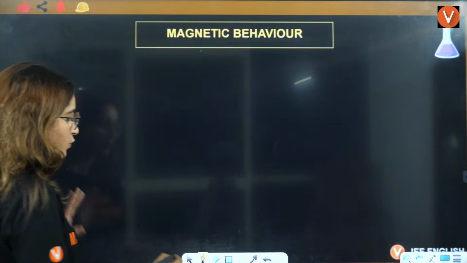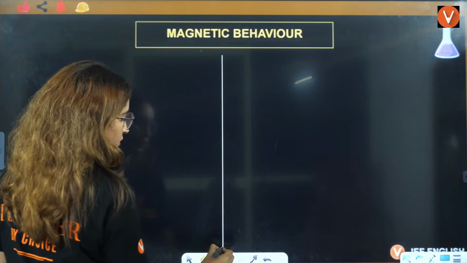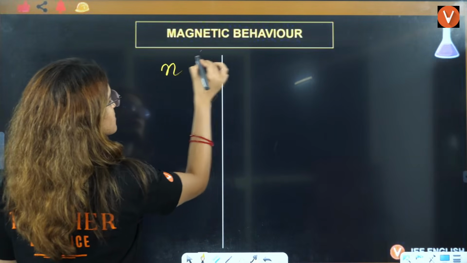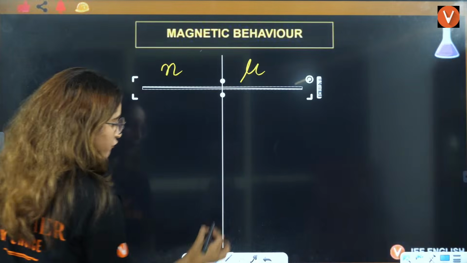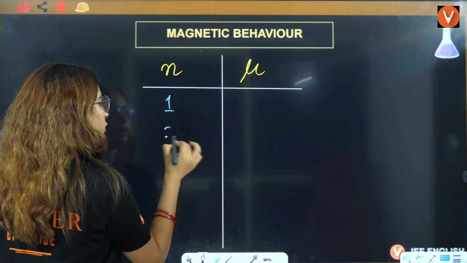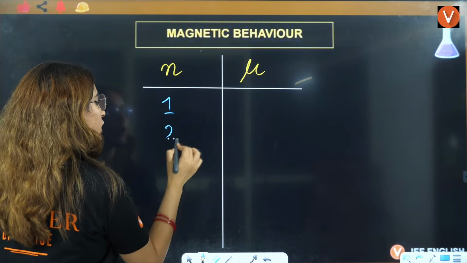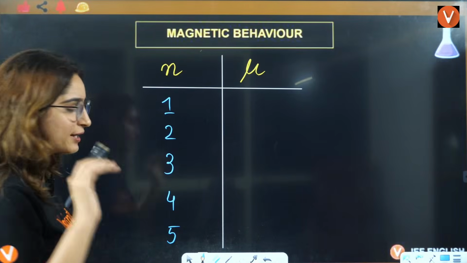And I'll give you one trick here. Let's say this is the number of unpaired electrons, and this is mu. The number of unpaired electrons can come out to be 1, 2, 3, 4 or 5; more than 5 is not possible. I'll tell you how.